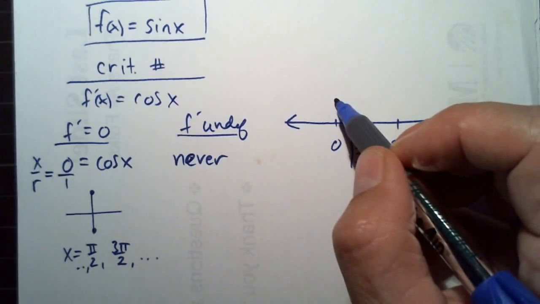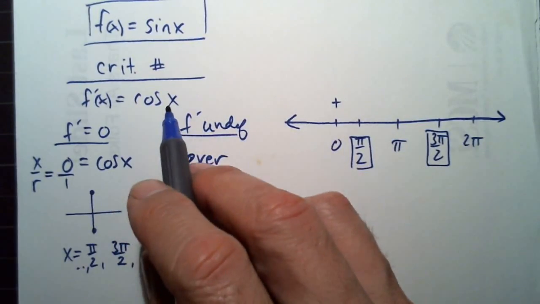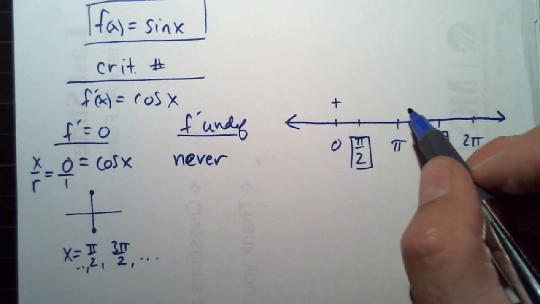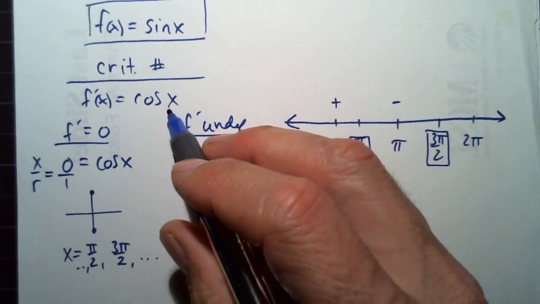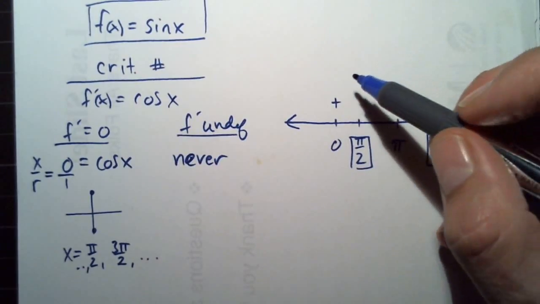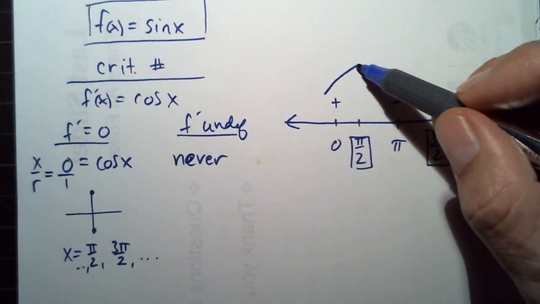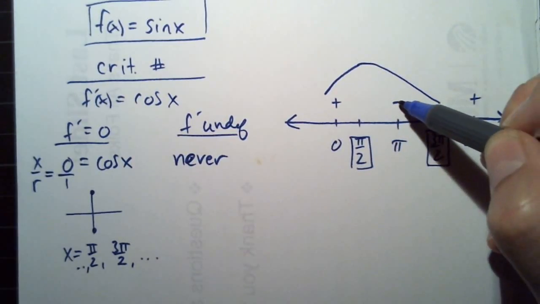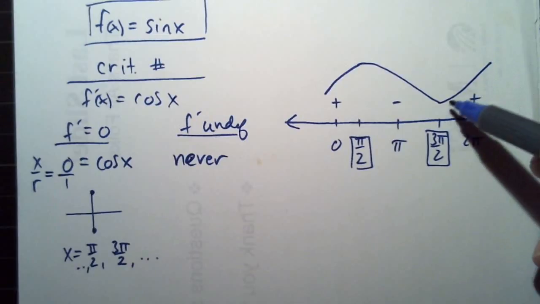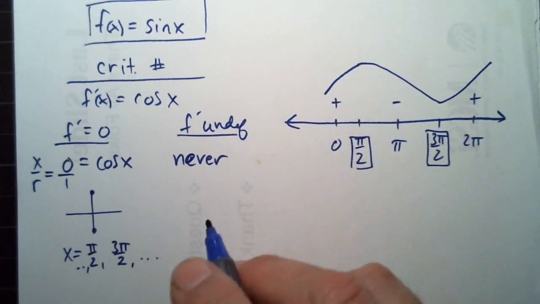So we know that we get a positive slope there. If we put pi, cosine of pi is negative, and 2 pi, cosine of 2 pi is positive. So the graph is increasing when the slope is positive, decreasing when the slope is negative, increasing when the slope is positive.